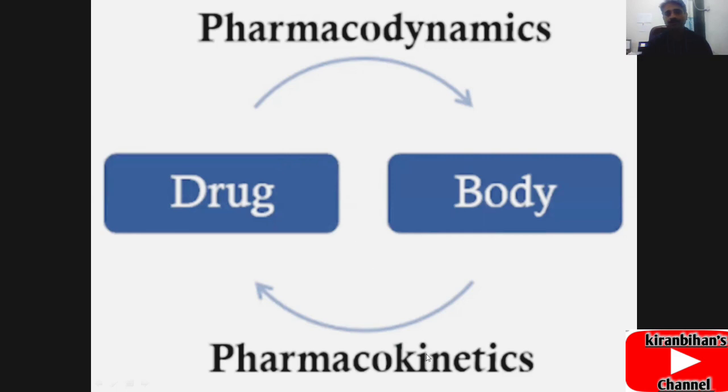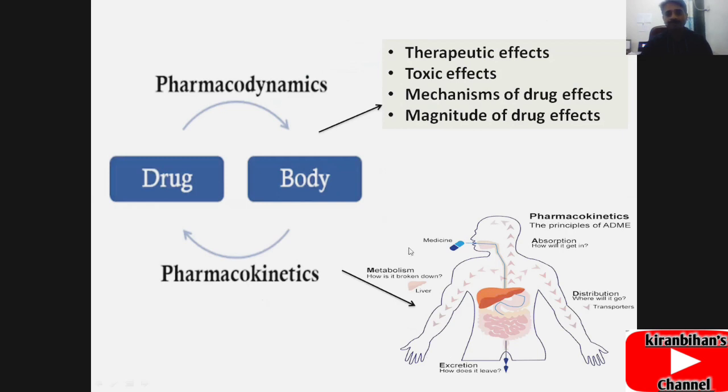So pharmacokinetics involves the kinetics. Kinetics means movement of the drug inside of the body. Like first, the drug gets absorbed through various routes. If we consider the oral route, then absorption will be from the GIT, or we can say absorption is how the drug gets into the body.